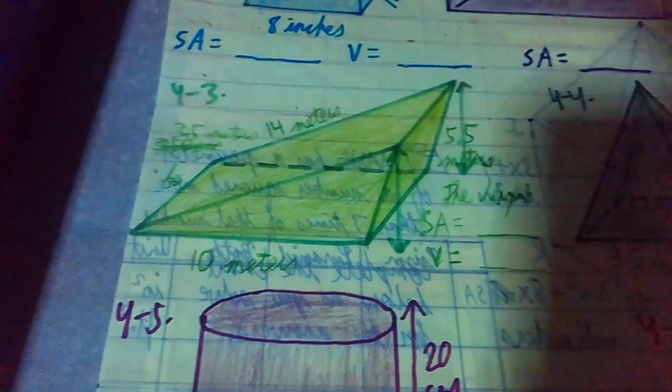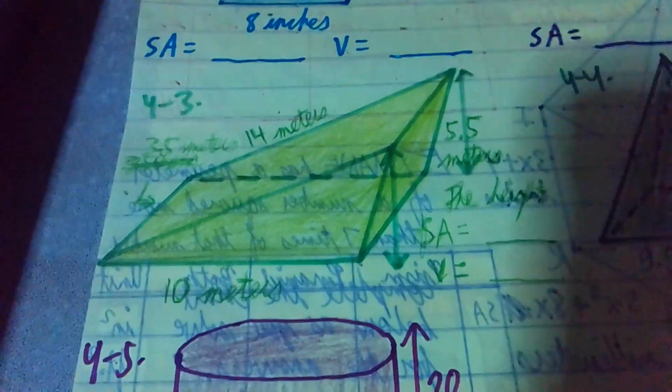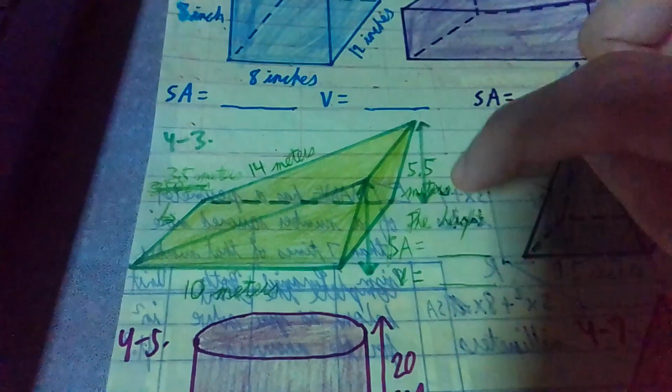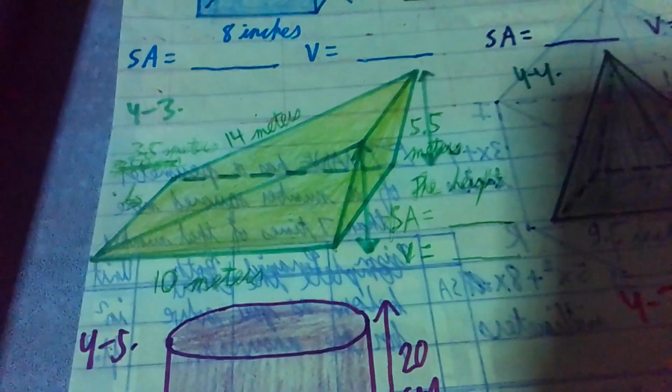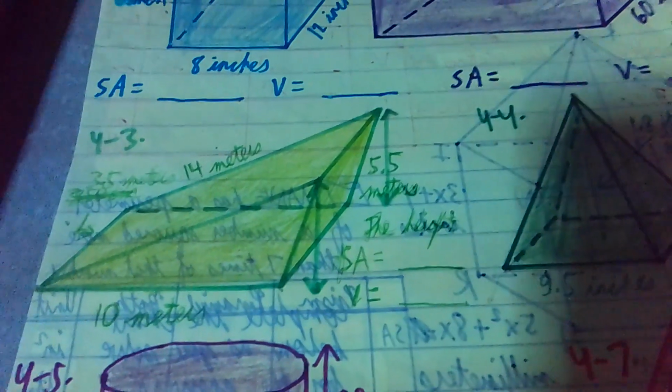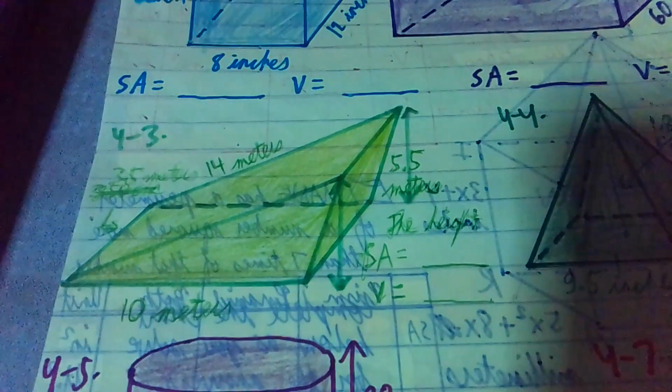This one, this one, this one. Or the height, because if you look at it from this perspective, that pertains to the height of the triangular prism. And then 5.5 meters is the height of the triangle.